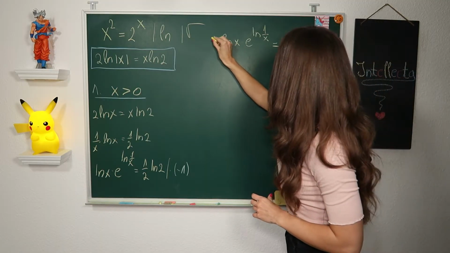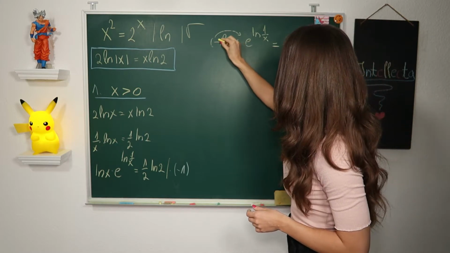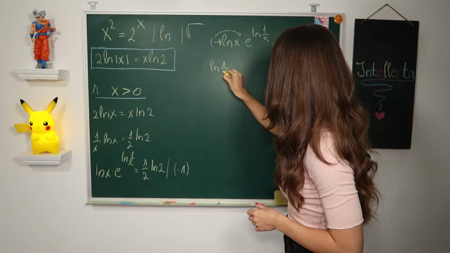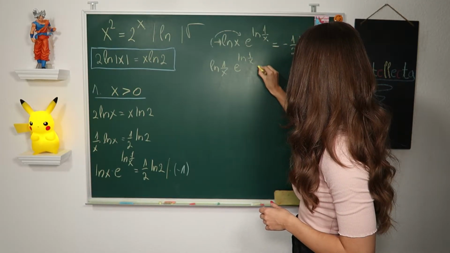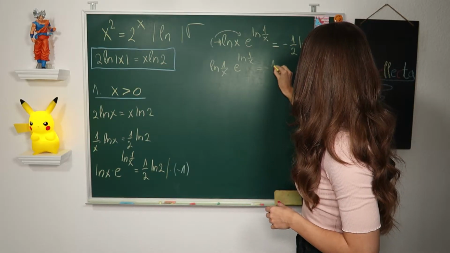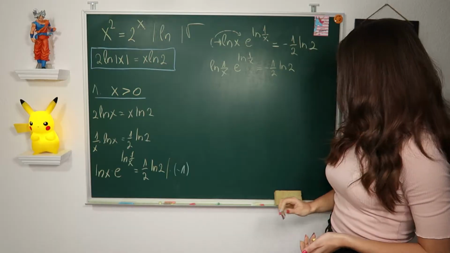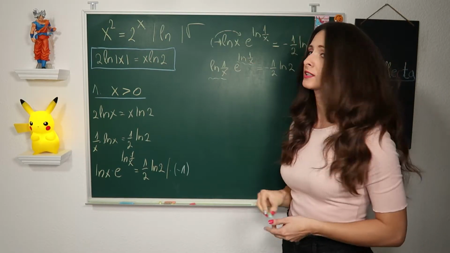Okay, let's move this -1 here to the exponent. So we will have ln of 1 over x times e to the ln 1 over x is equal to -1 over 2 ln of 2. And as you can see, we have the same expression here and here.